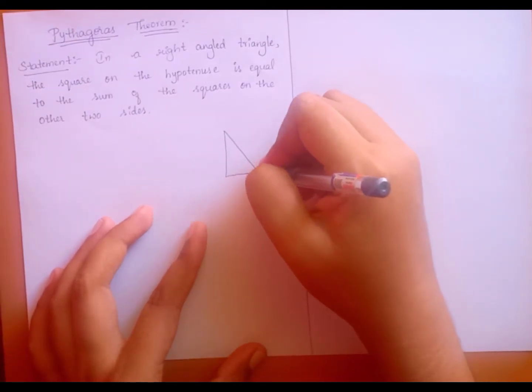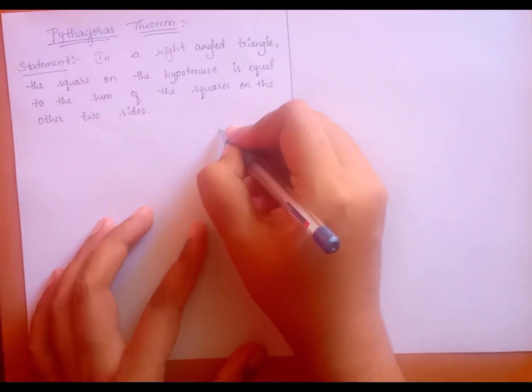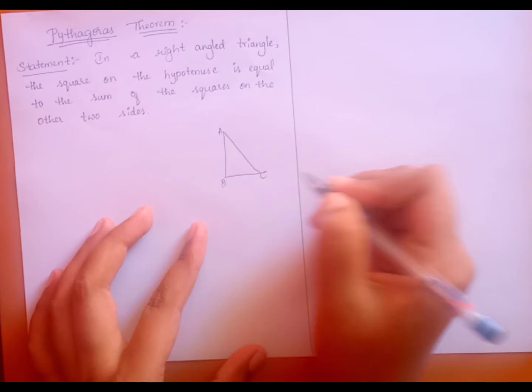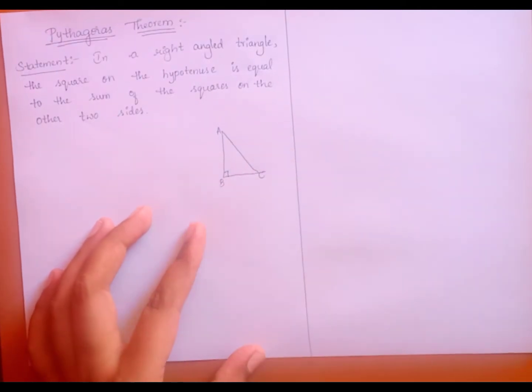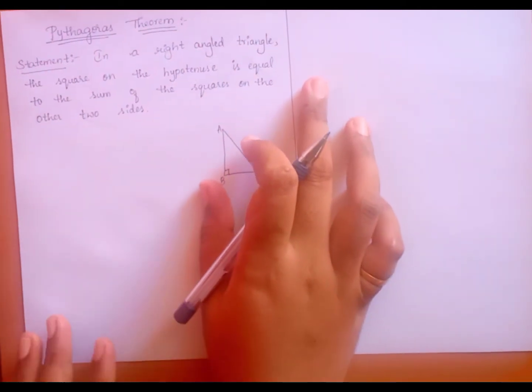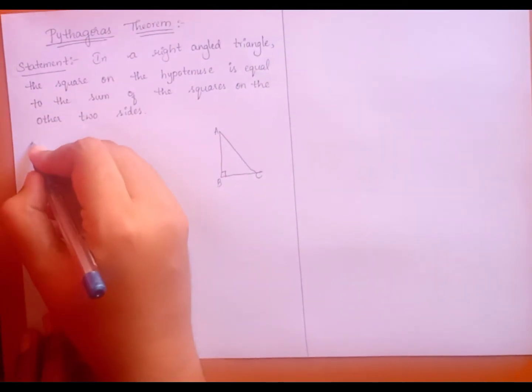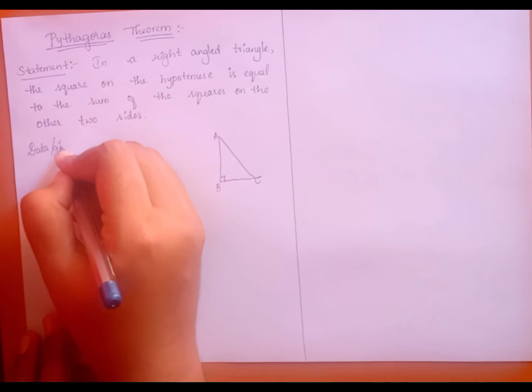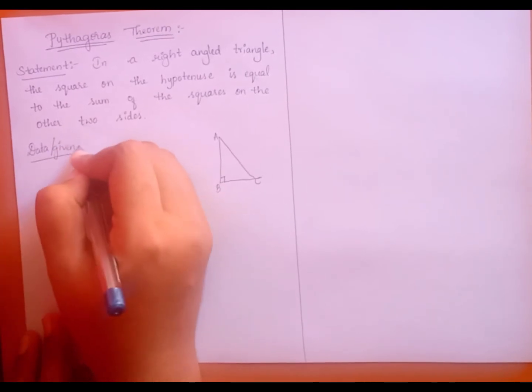So here we have drawn a right angle triangle. I'll mark this as A, B and this as C, and here B is 90 degrees. So therefore here I'll write, first we need to write data, or we can also write given. So here they gave what?